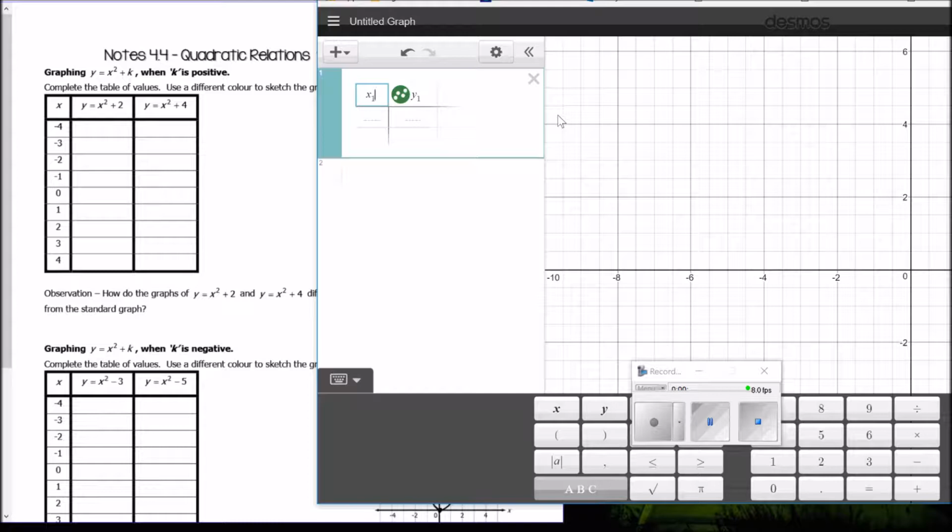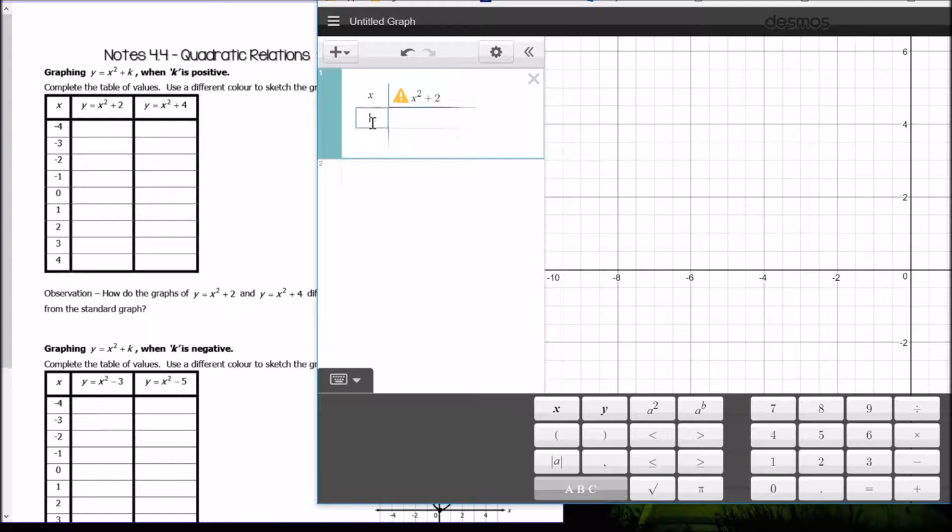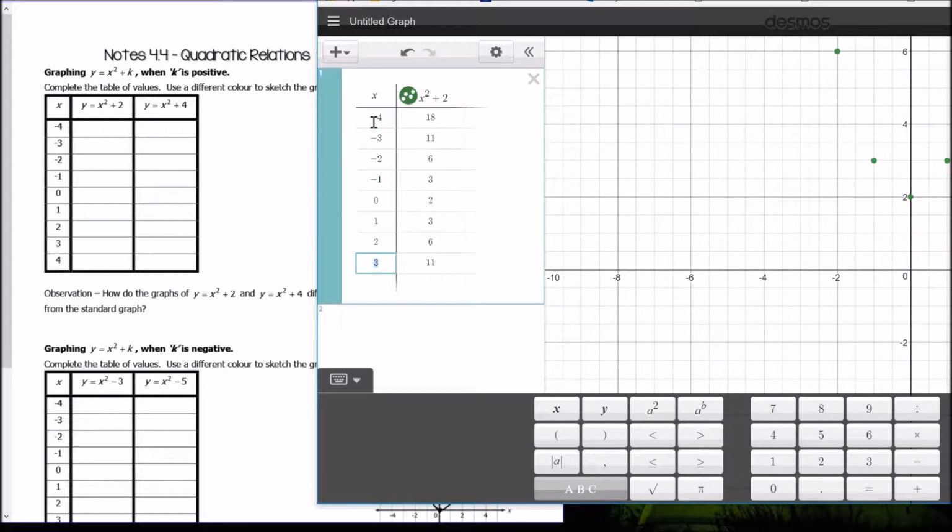So I'm going to delete the whole y1, and I'm going to type in x squared plus 2. Okay, and I want to know what happens when x is -4, -3, -2, -1, 0, all the way to +4. So we're going to write down all of these values as coordinates.